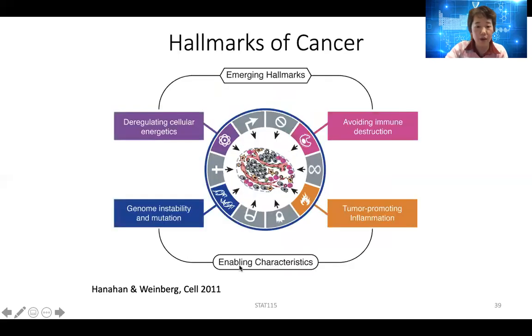But in 2011, they had new hallmarks, and the previous ones are still there. They said it turns out every time you have a tumor, it's because it evaded the immune system. And also there is some inflammation in the tumor, which could be caused by viral infection or whatever, and that actually causes tumor growth.